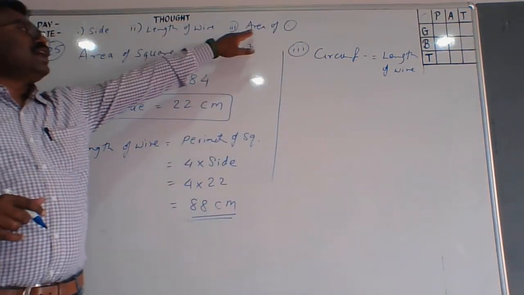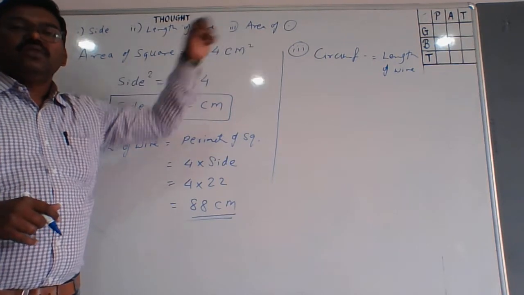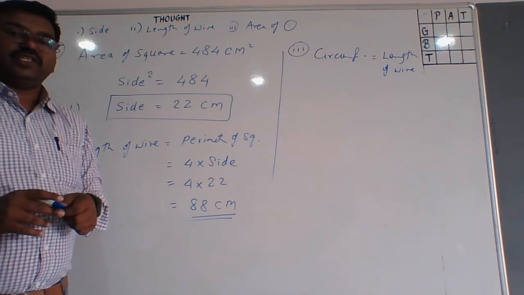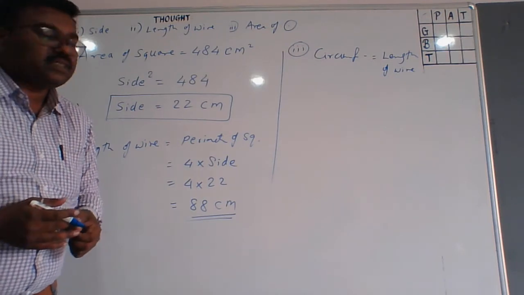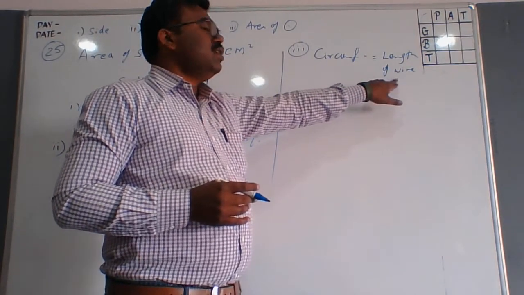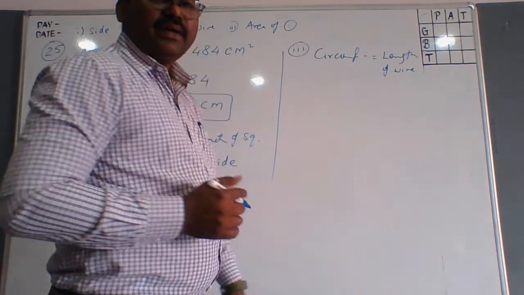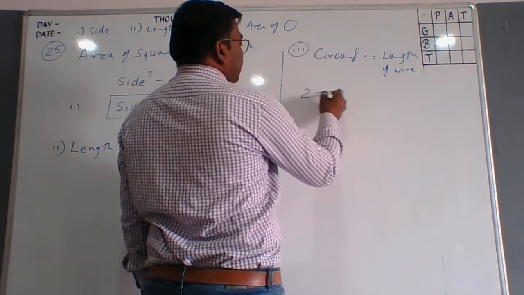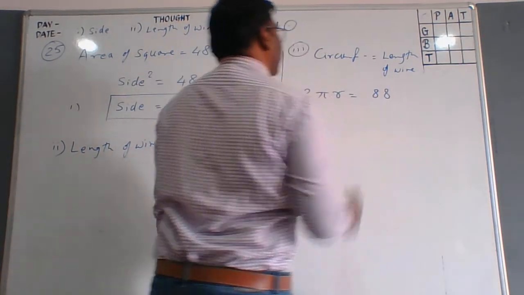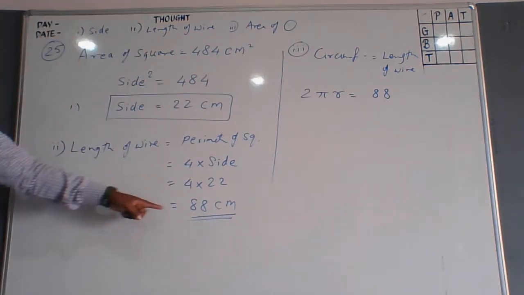And since we want to calculate the area of circle, we need the radius of the circle for calculation. But it is not given to us. But we have this relation. Circumference of circle equals to length of the wire. Right? So circumference of the circle is 2 pi r and the length of the wire is 88.